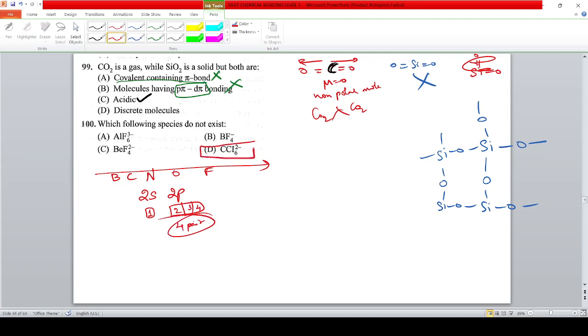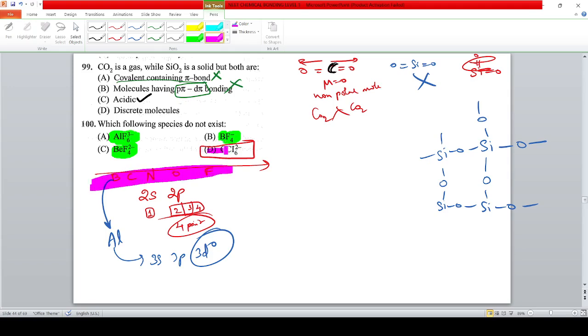Carbon cannot hold 6 pairs. Boron can hold 4 pairs. Beryllium can hold 4 pairs. Aluminium can hold more than 4 pairs because aluminium is below boron and has 3s, 3p and empty 3d orbitals, so it can hold more electrons. So the elements in the second period cannot hold more than 4. So the answer for the question is option 4.